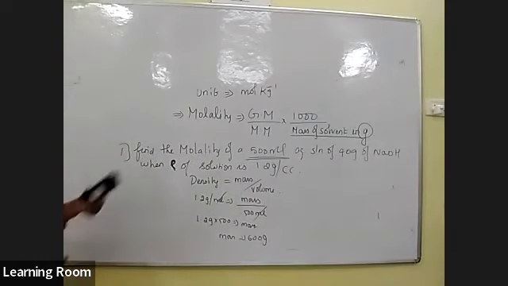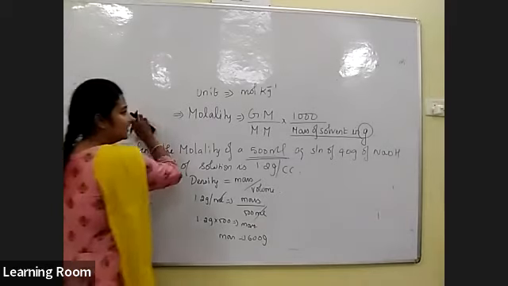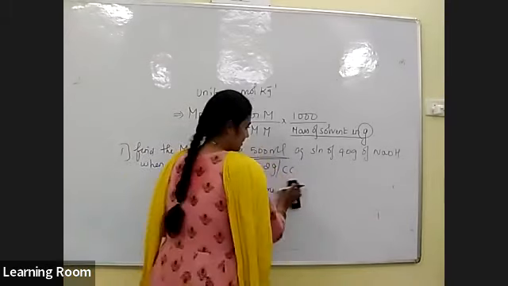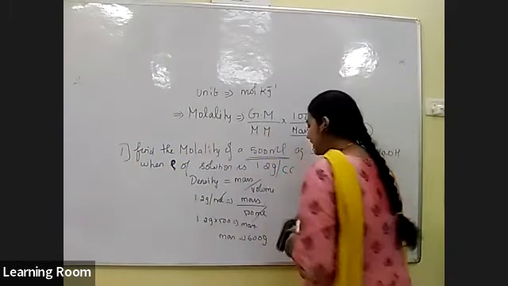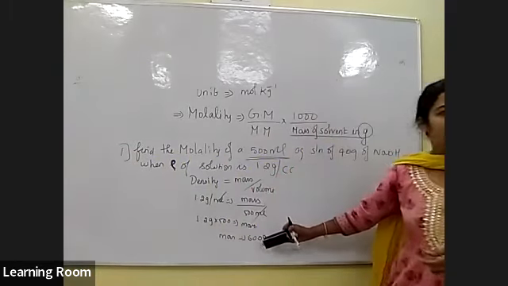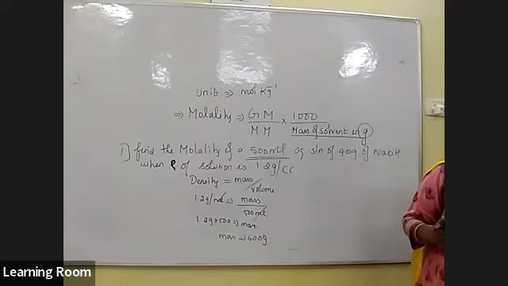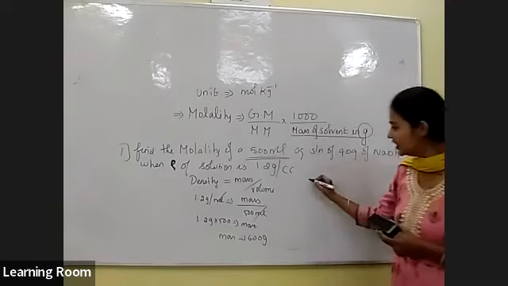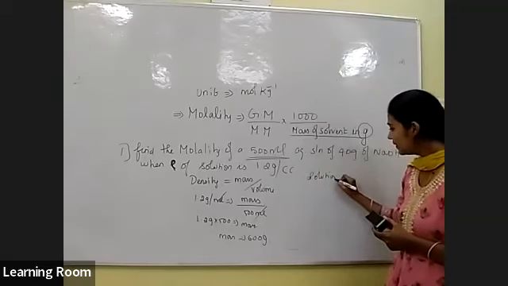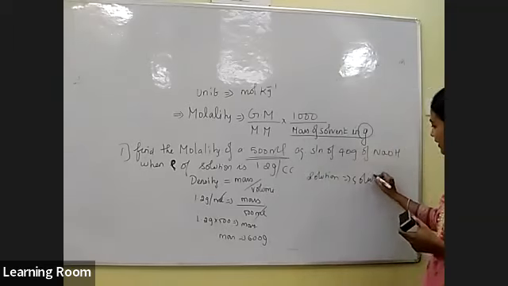So after that, what you need to do? Directly you have dropped the 600 in the formula here. Solution is equal to solute plus solvent.